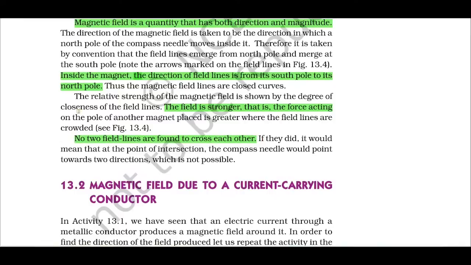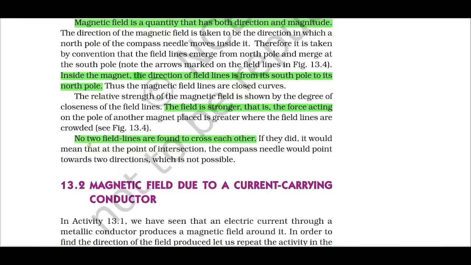That means no two magnetic field lines will intersect each other. What is the reason? If they did, it would mean that at the point of intersection, the compass needle would point towards two directions, which is not possible. A compass needle at a time can show only one direction.